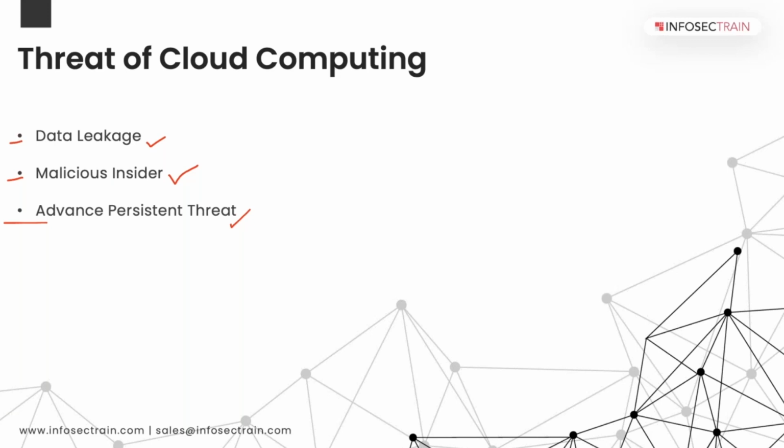That is always the case with a malicious insider. Malicious insiders are employees or other users with access to the cloud who use it for malicious purposes. And then there are advanced persistent threats, which are very sophisticated cyber attacks designed to gain access to your sensitive data and applications.